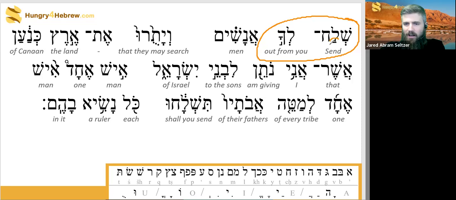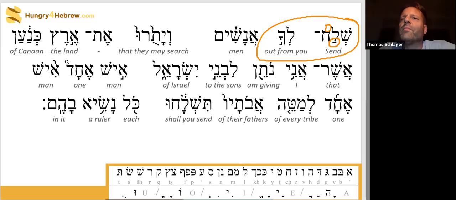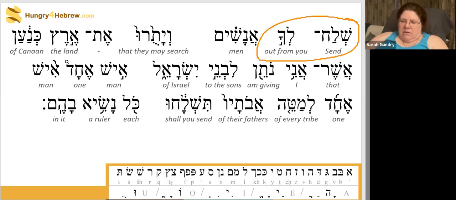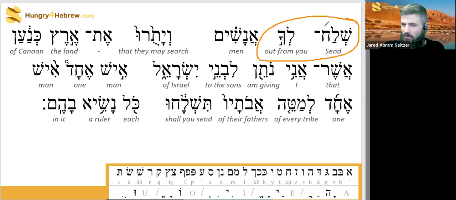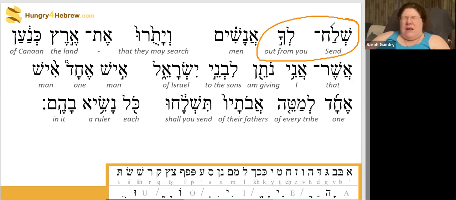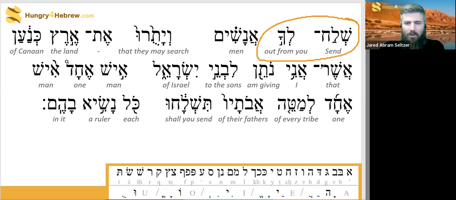And why does it get an ah sound instead of an o sound like imperatives are supposed to? Because it has a shva. What about imperatives like this one, which also have a shva?